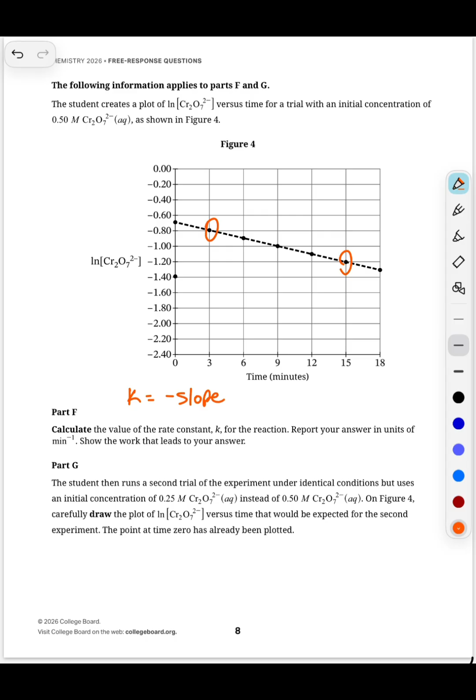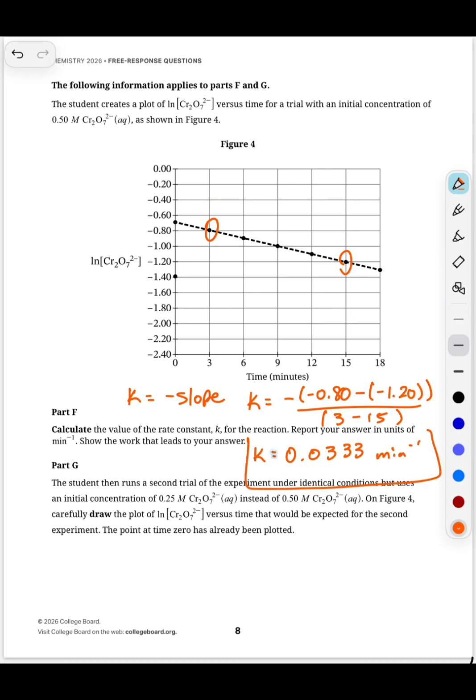So I'm choosing those two data points, where K is equal to our value here, subtracted by our value here, divided by these values here. We simplify, and we get 0.0333 minutes to the negative first power. That is going to be our answer.